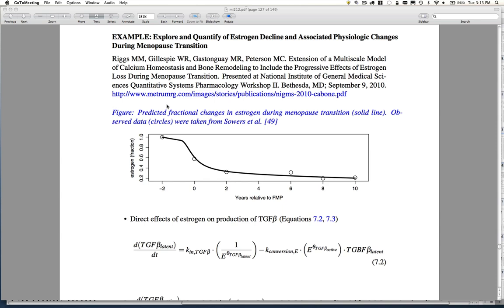And so this is an excerpt from a poster. If you're interested in more of this, I've given the link to the actual poster. But we were able to develop a relationship that described the longitudinal expected fractional change in estrogen over time relative to menopause development.